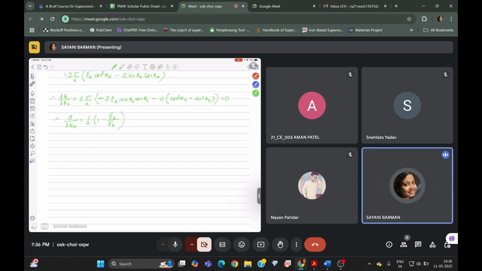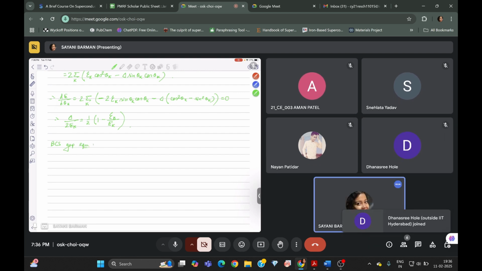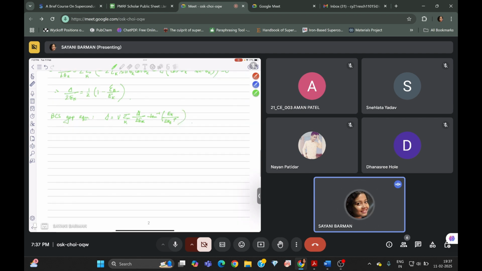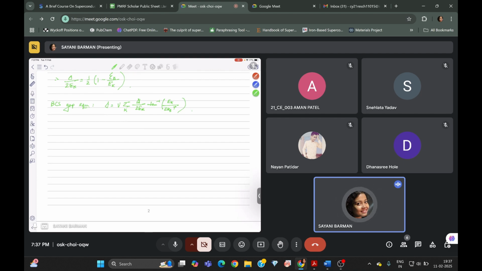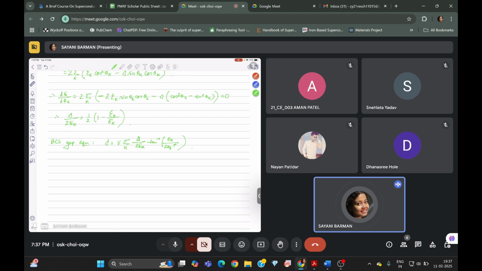So now the BCS gap equation will be delta equals V times the summation over k of delta by 2 E k, tan inverse of E k by 2 k B T. So this will be the equation, and if you solve in more steps, you'll get it.